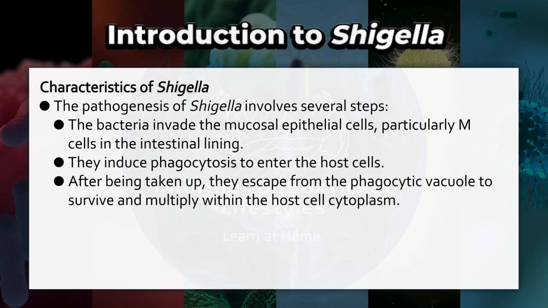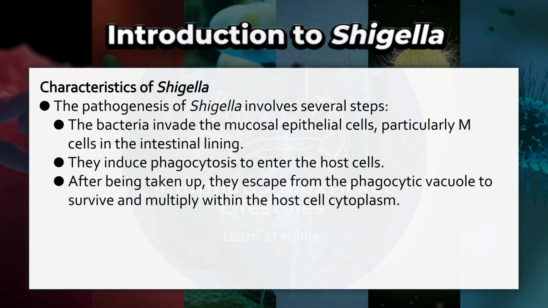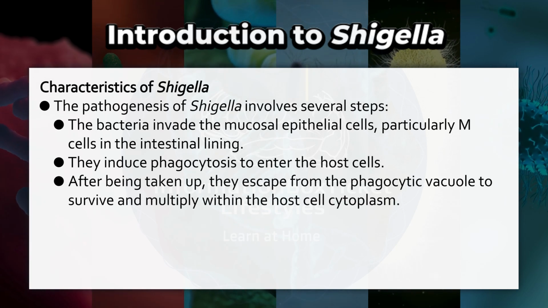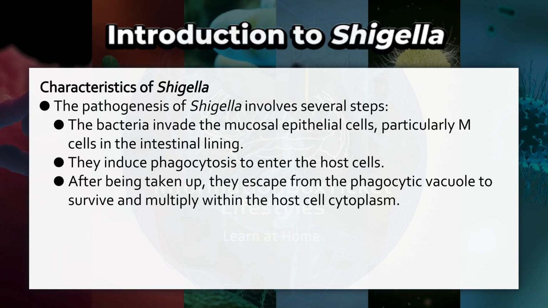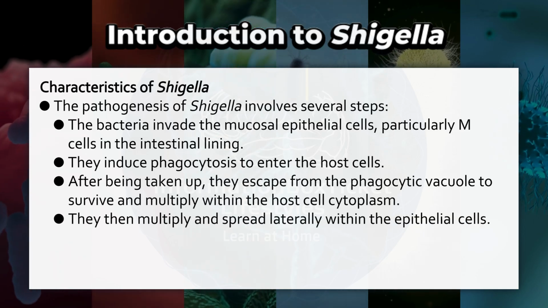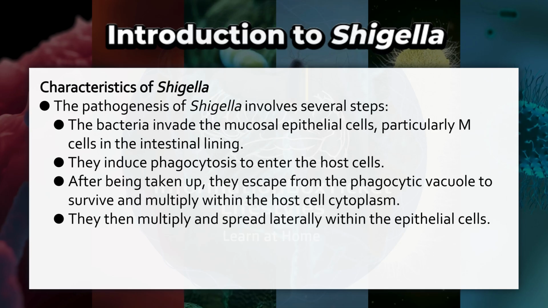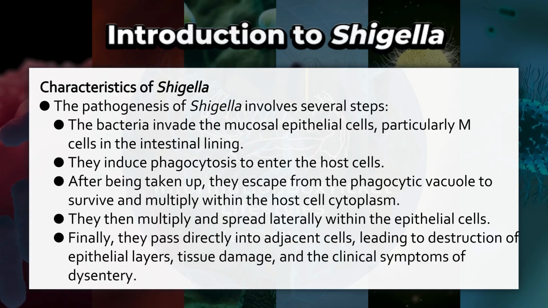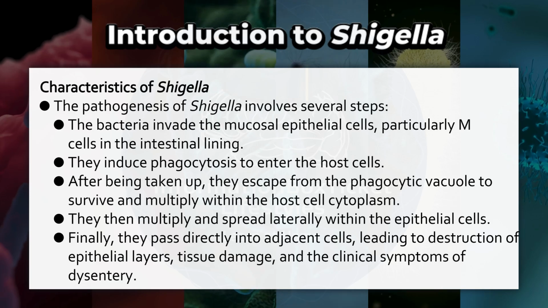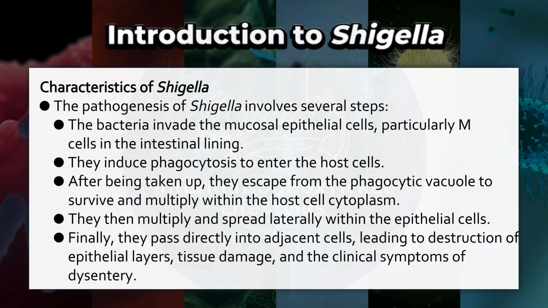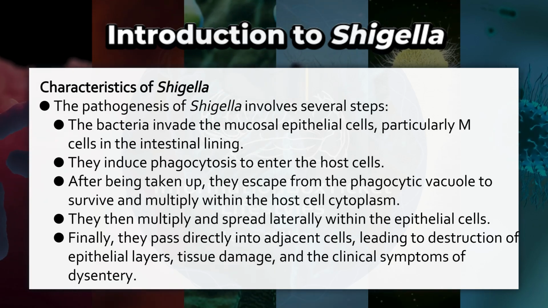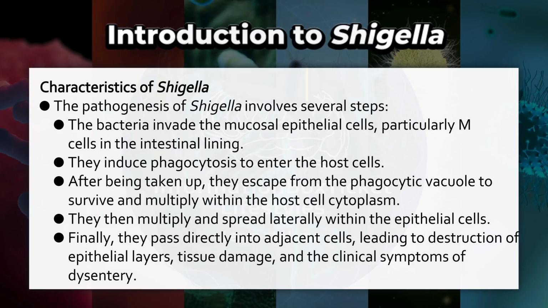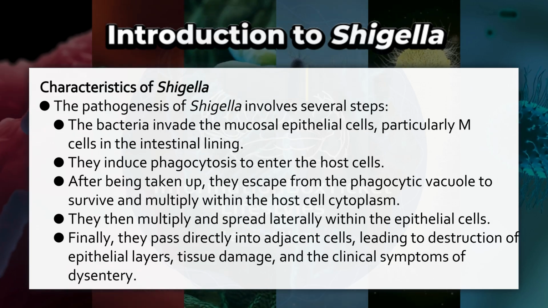After being taken up, they escape from the phagocytic vacuole to survive and multiply within the host cell cytoplasm. They then multiply and spread laterally within the epithelial cells. Finally, they pass directly into adjacent cells, leading to destruction of epithelial layers, tissue damage, and the clinical symptoms of dysentery.